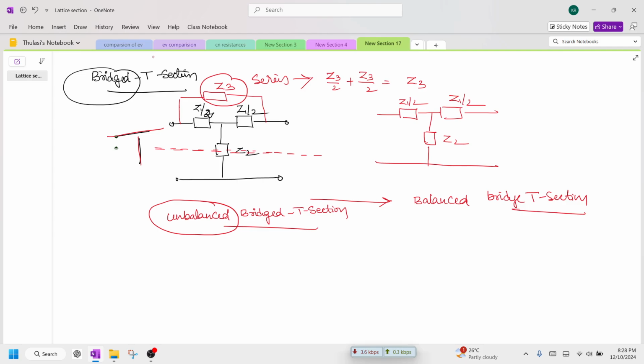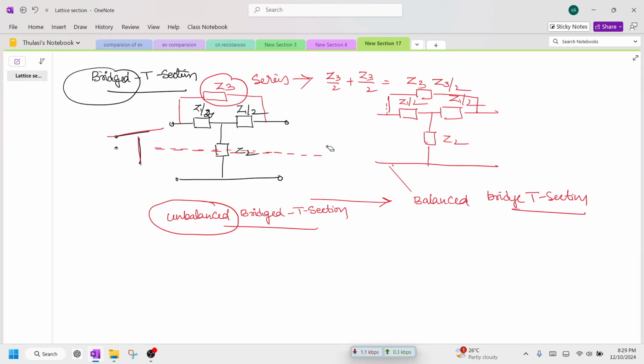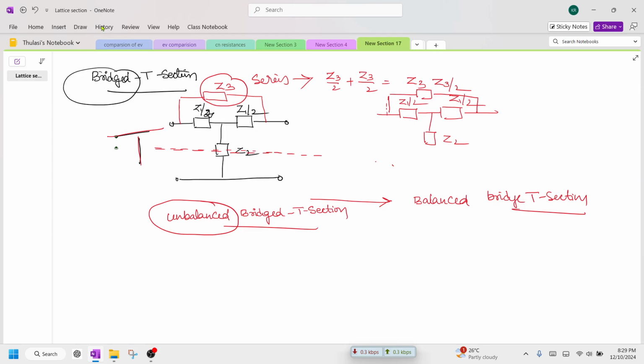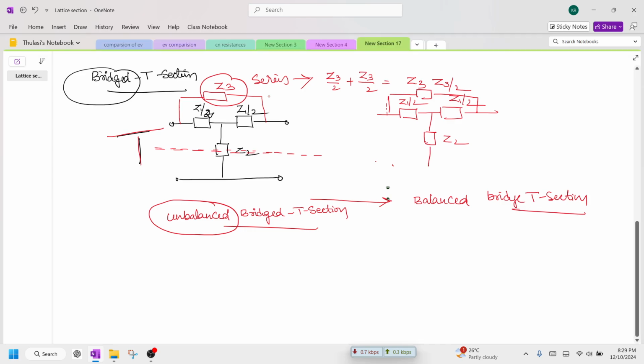The Z3 by 2 is one half, and the next half follows. So here the modified network will be like this. This half will run, and this is already Z1 by 2, Z1 by 2.